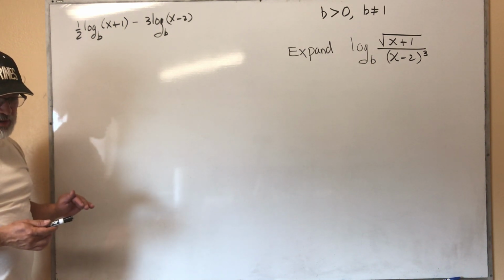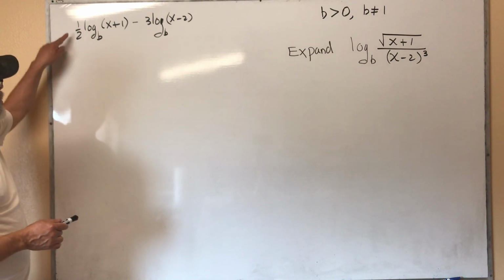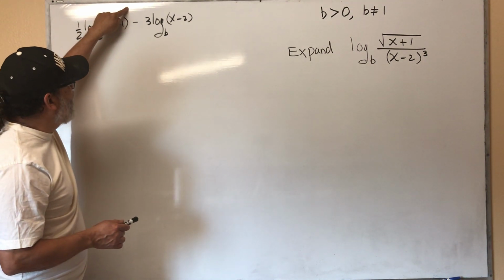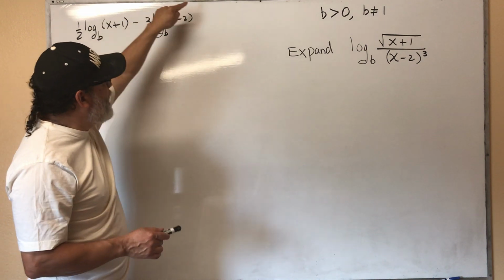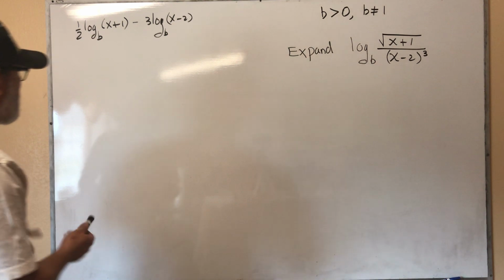Step number 1. This can go up, and this can go up by property number 4.